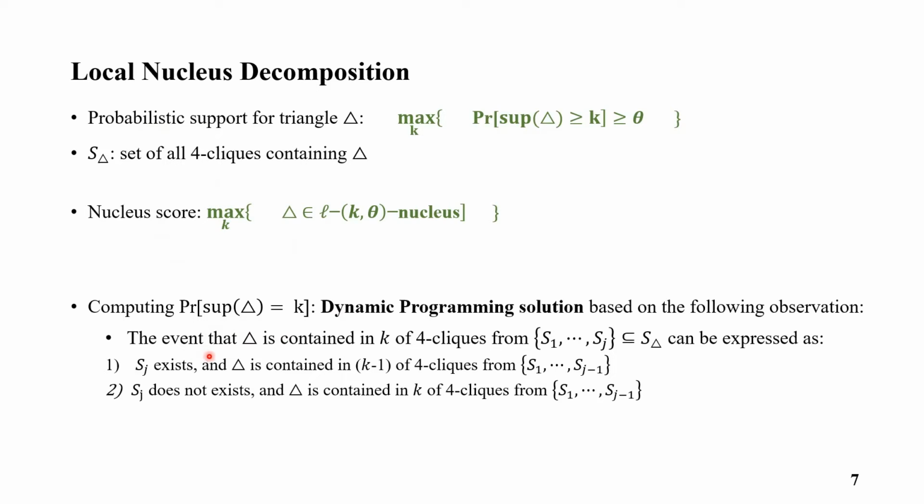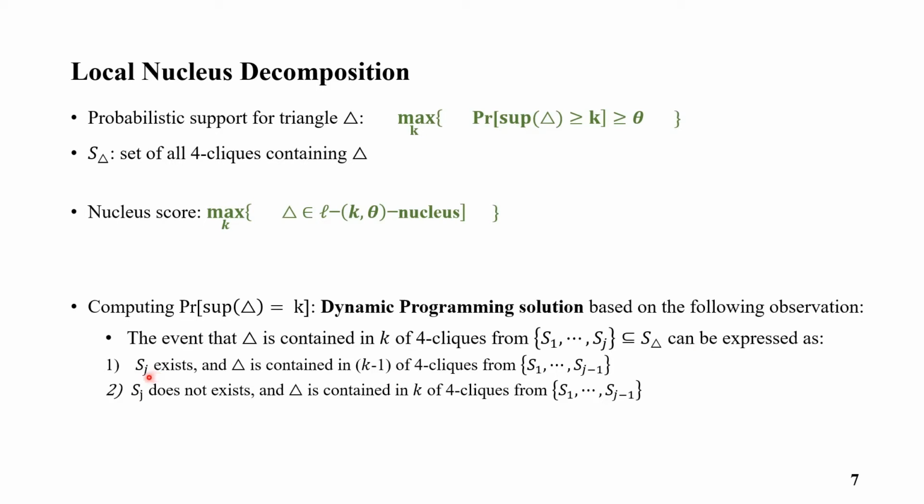a triangle is contained in K of 4 cliques from an arbitrary subset S1 to Sj. And this event can be expressed as the union of 2 sub-events.